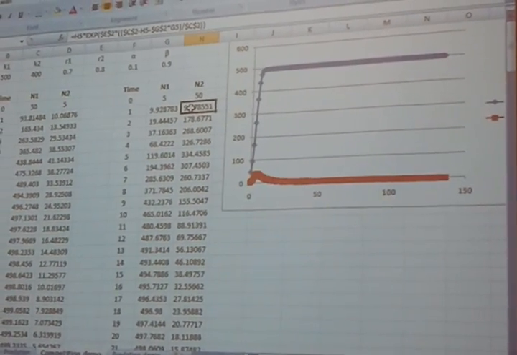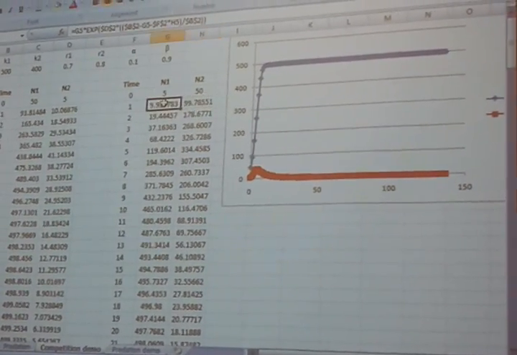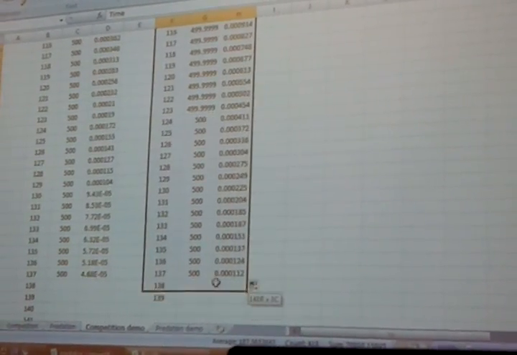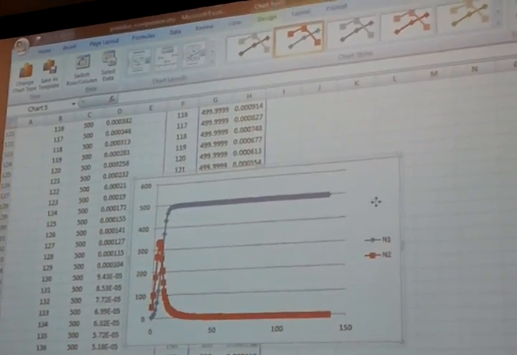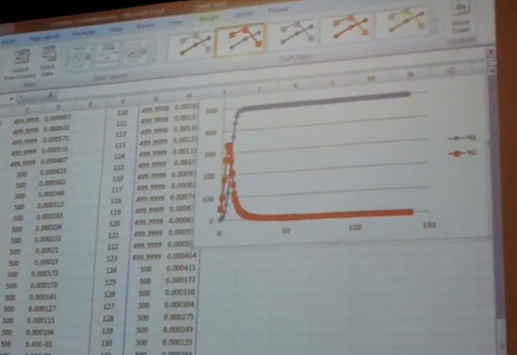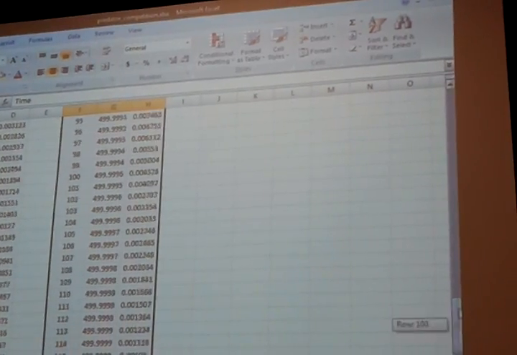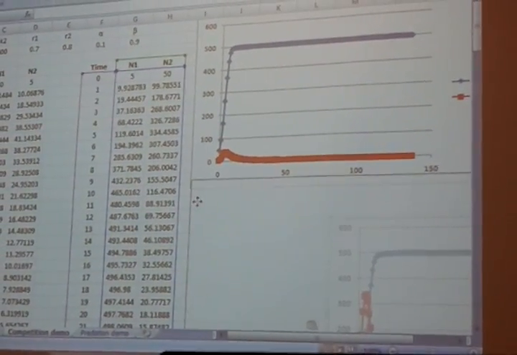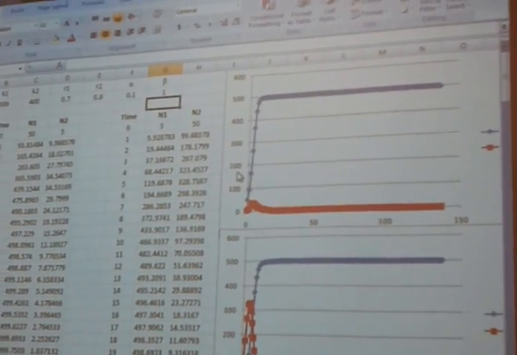Make sure that's right. Okay, now anytime you change this, it's going to change the graphs accordingly.